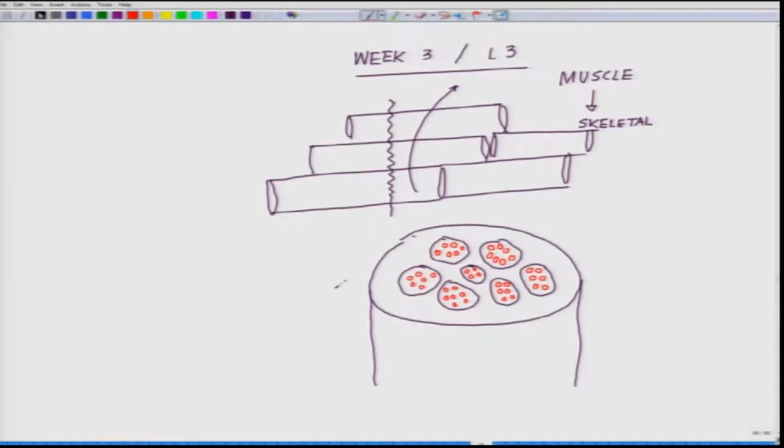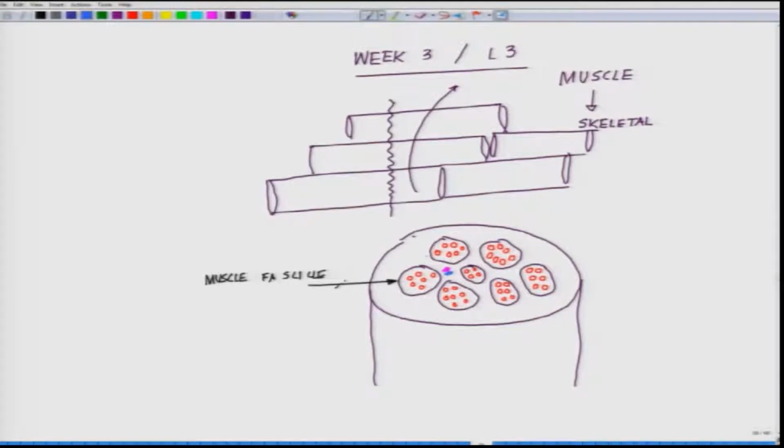Now, there are terms which are used. These are called muscle fascicles, a kind of cover. Muscle fascicle. And within this you will see a lot of, let me use some other color, very close in, something like this.